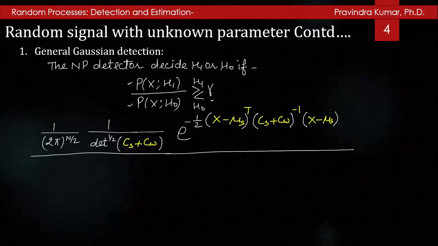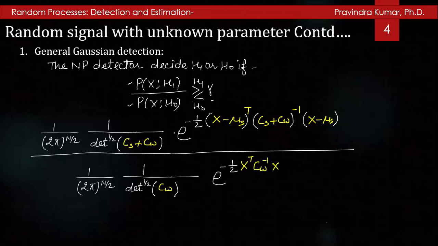So the PDF under hypothesis H1 will be 1 by (2 pi) to the power n by 2, into 1 by square root of the determinant of the matrix Cs plus C omega, into e to the power minus 1 by 2 times transpose of (x minus mu s) into inverse of the matrix (Cs plus C omega) into (x minus mu s).